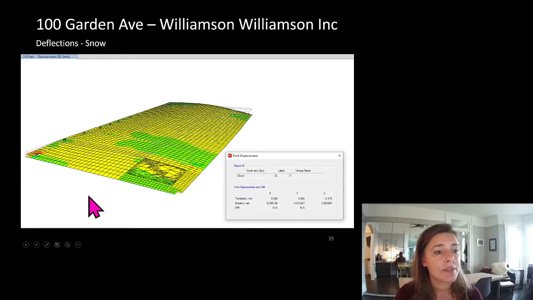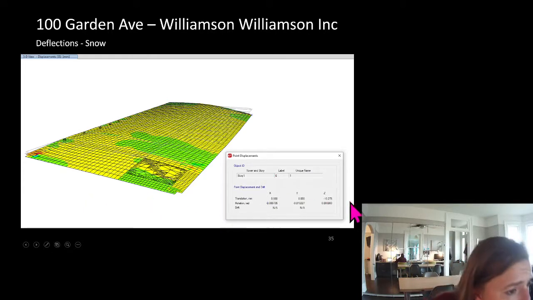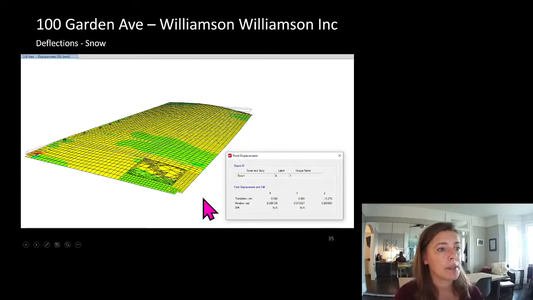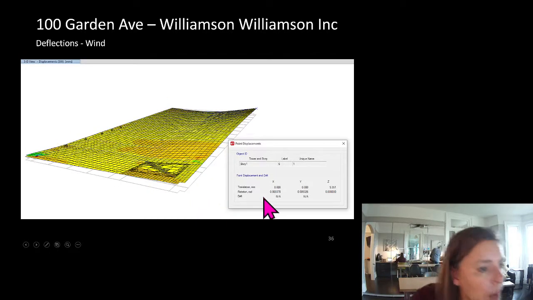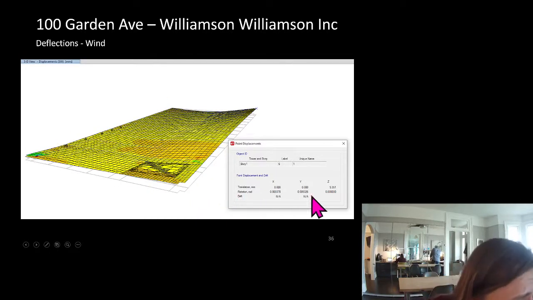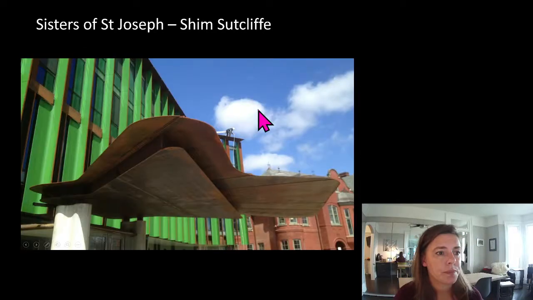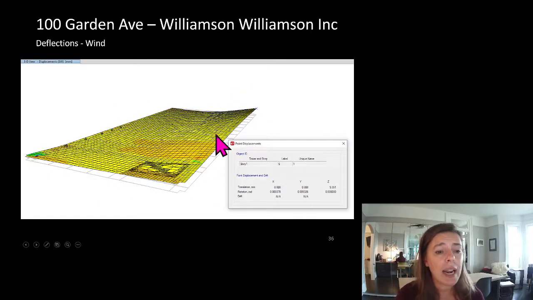Here is deflection under snow load of the canopy, and we can see that we've got 10 millimeters of deflection right there. Under wind uplift, we've got 5 millimeters of deflection. So with that, I talked to the client.